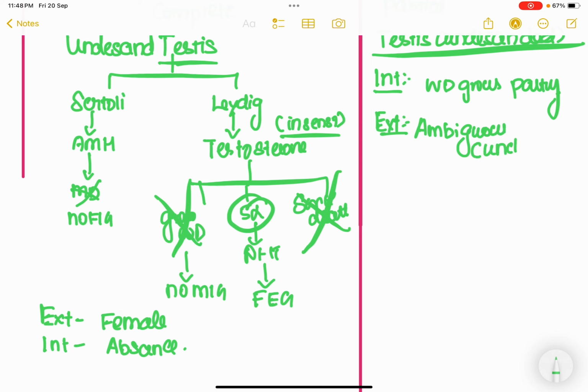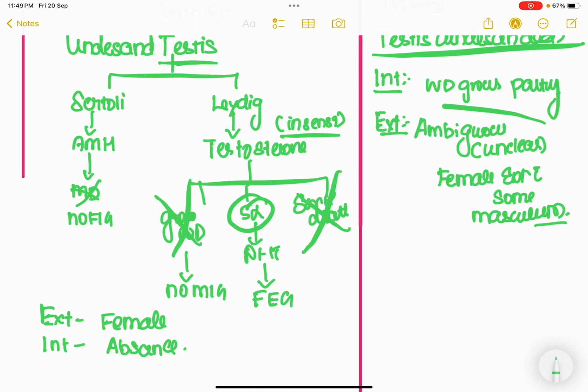It is very unclear whether it is a male or a female baby, because it is going to be a female external genitalia with some degree of masculinization. Why? Because for proper masculinization of the male external genitalia, dihydrotestosterone is needed. But these patients are partially resistant and partially sensitive. Because of that, female external genitalia which is partially masculinized is present in this patient. Those genitalia are known as ambiguous genitalia.